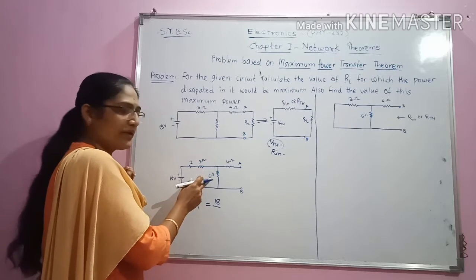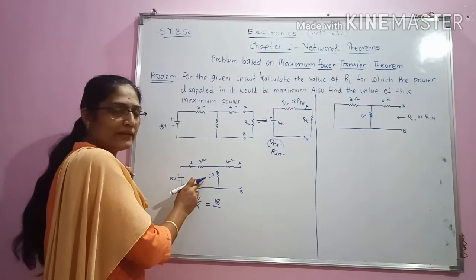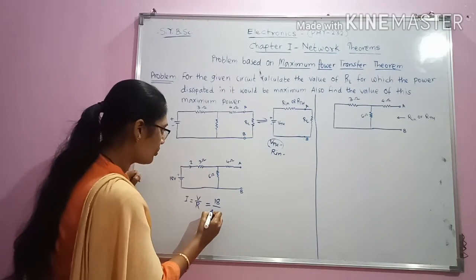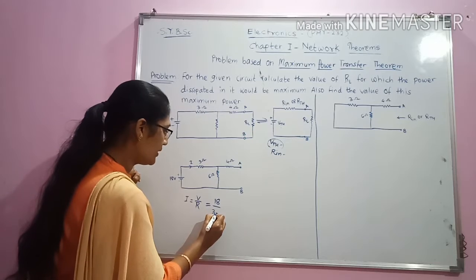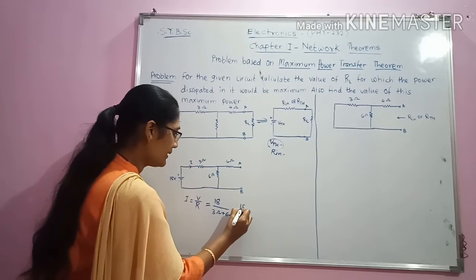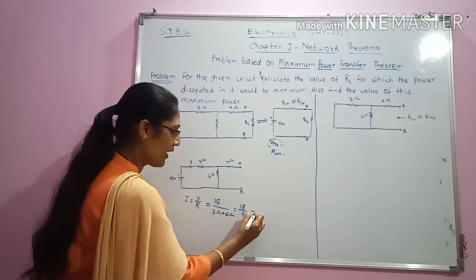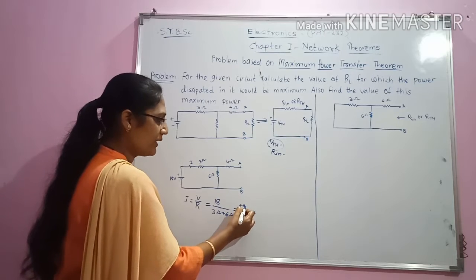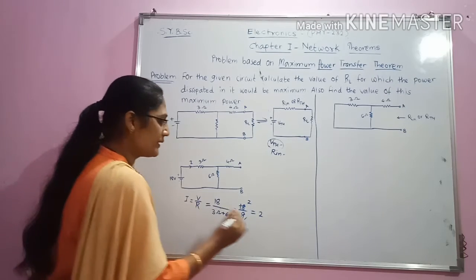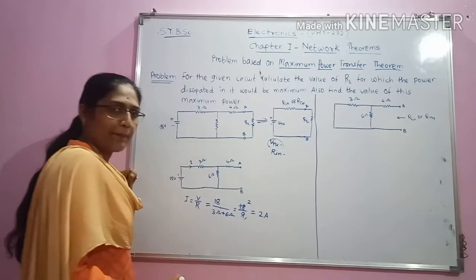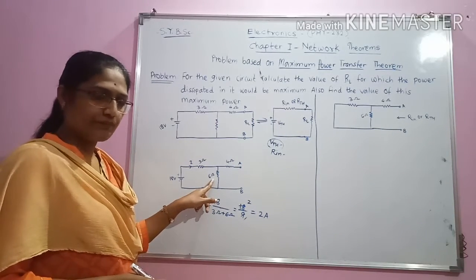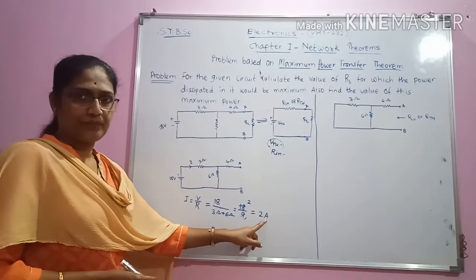Their equivalent resistance is 6 plus 3, which is 9. So 18 divided by 9; 9 ones are 9, 9 twos are 18, so the value is 2, and as it is a current value, it will be in ampere. It means that the current flowing through this resistance is 2 ampere.